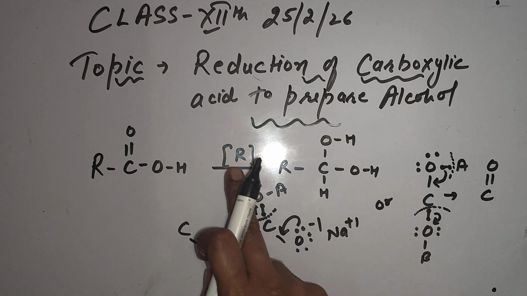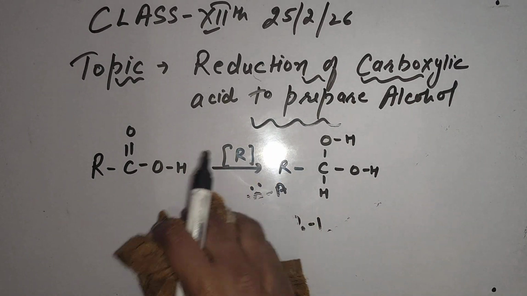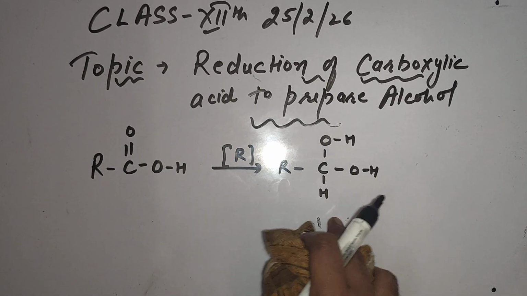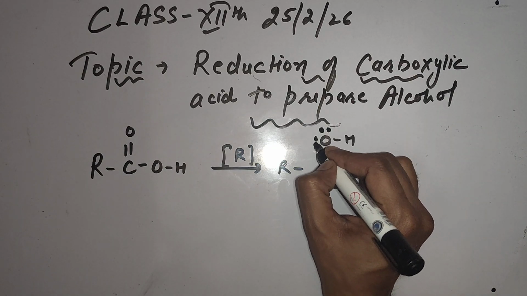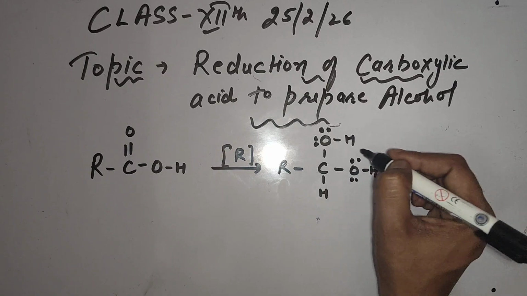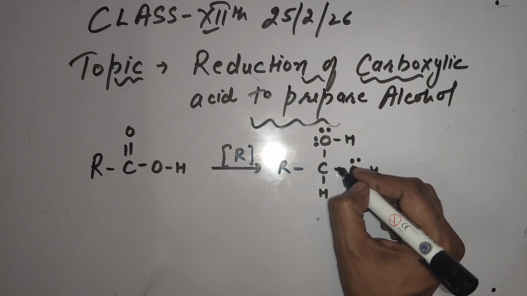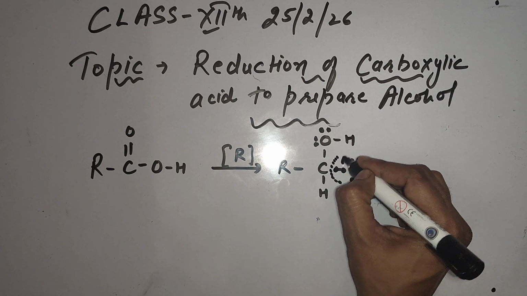So the same condition I am getting after the reduction of carboxylic acid. Check. OH on the same carbon. So steric hindrance problem, lone pair crowding, repulsion is there. So out of two oxygens, let's break this carbon oxygen bond.